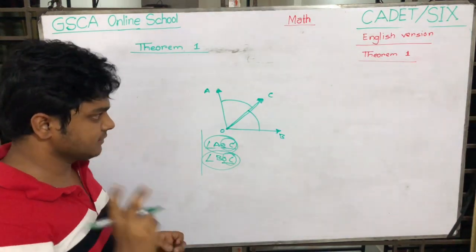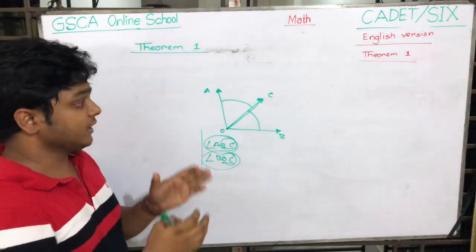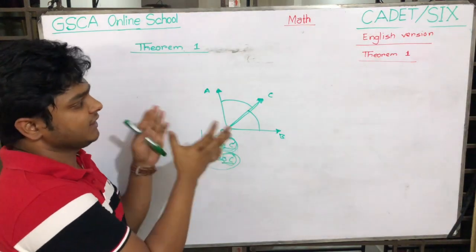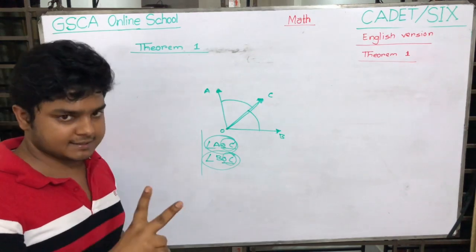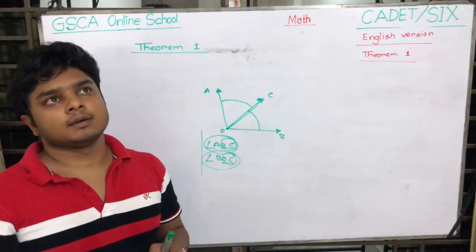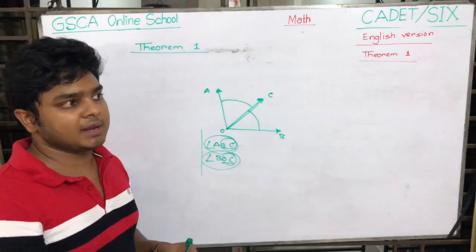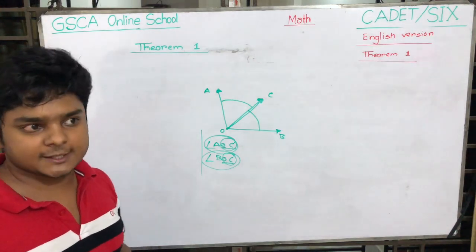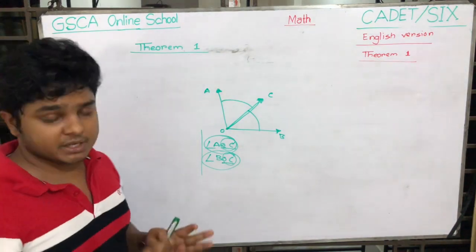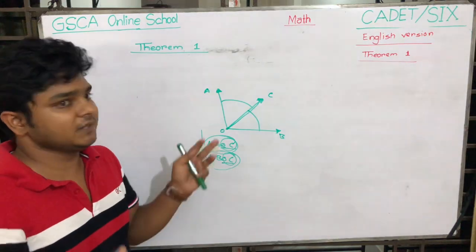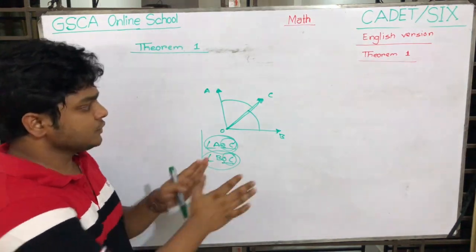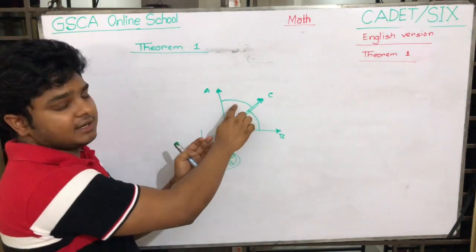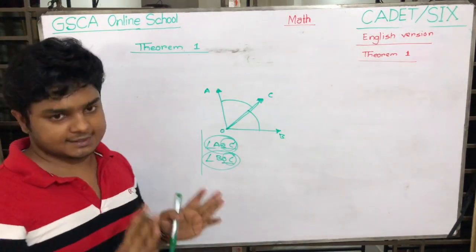Always remember, for the name of adjacent angles there must be two angles minimum, like corresponding angles, alternate angles, vertically opposite angles, supplementary angles, complementary angles. All these have two angles, right? One alone can't be expressed as adjacent.